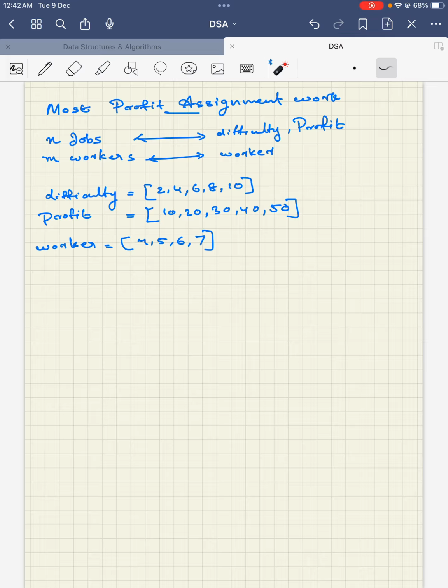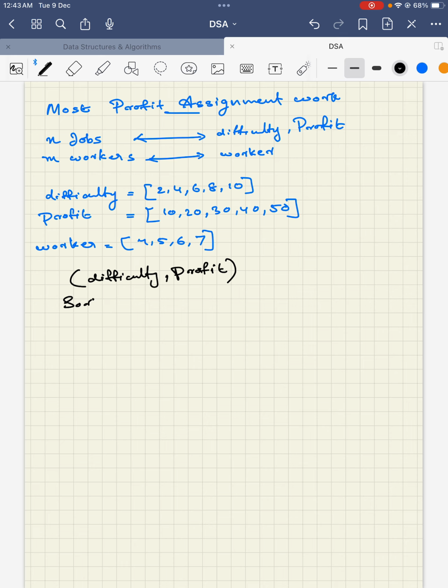So how we can approach this problem is that first we can club the difficulty and profit into a tuple, and then sort them based on difficulty, and sort workers also based on skill level or skill score which is given.